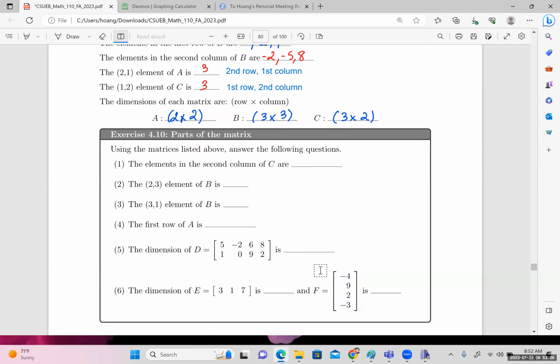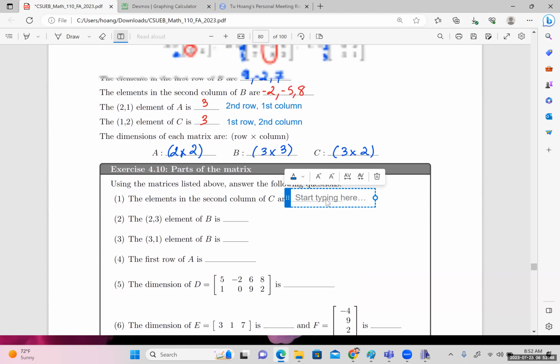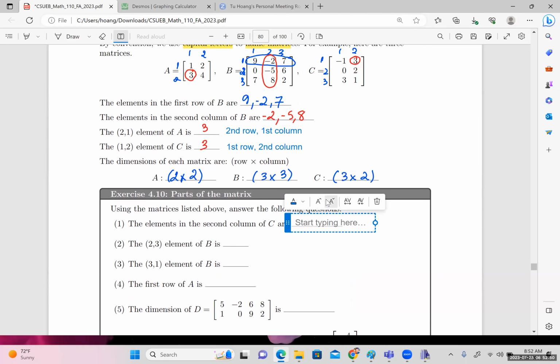You can go ahead and practice with exercise 4.10. You can pause my video to do it and then check with my answers. For matrix C, if I ask you about the elements in the second column, you're going to say 0 and 2, right?